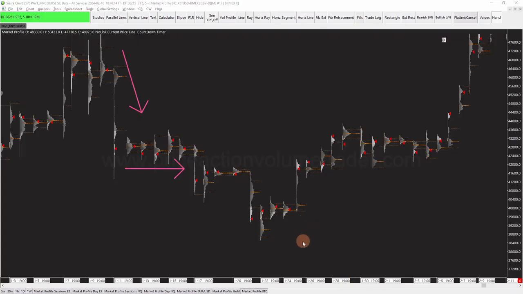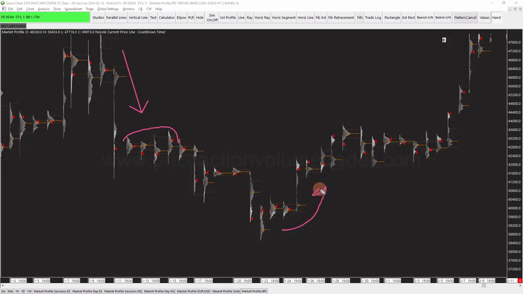But then you can see here we had a move back up right into this previous balance area. So if we're trading this, we can say, okay, I'm going to take these 5 trading days here, because on the 6th day we did break below balance and started this move down. So let's take these 5 days and do a composite merge.